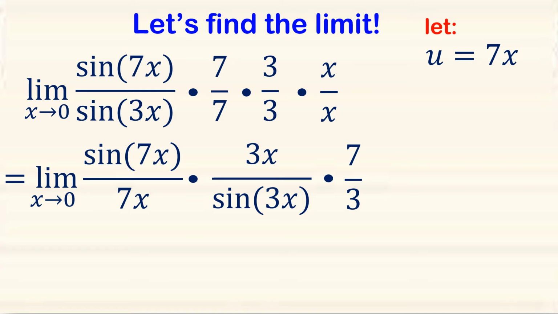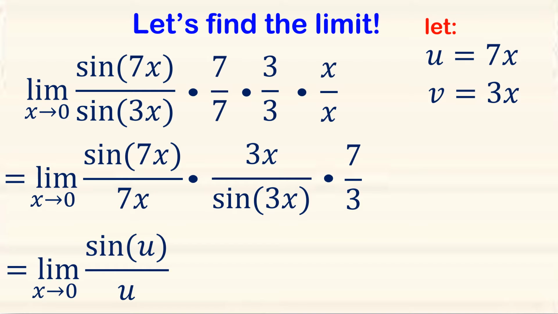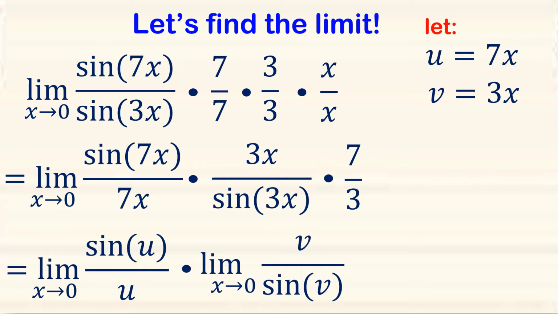So let u be equal to 7x and v be equal to 3x. So we have limit of sine u over u as x approaches 0 and limit of v over sine v as x approaches 0. Then we have 7 over 3.